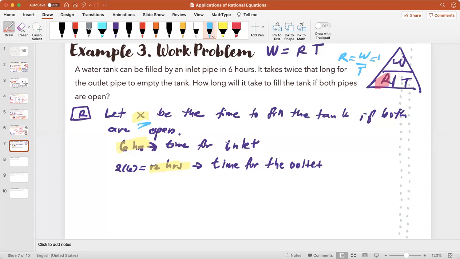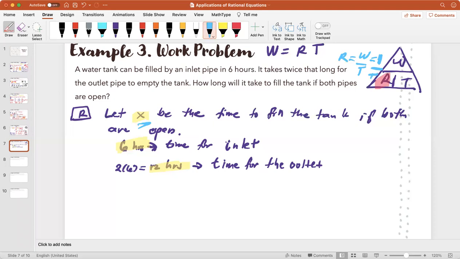It's easy and funny because when you write the rate here, it's simply getting the reciprocal. But actually, it's not just getting the reciprocal, because we know that there's only one work done here. Your work could be 1, it could be a fraction. But since the work is to be done 100%, to fill the tank, work is equal to 1, so 1 over time.